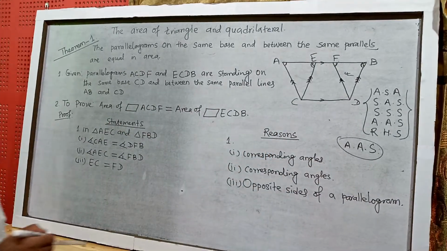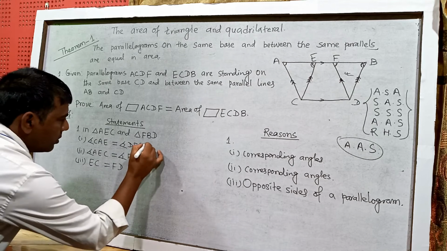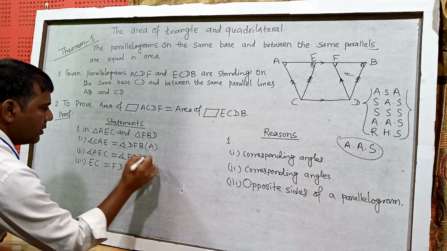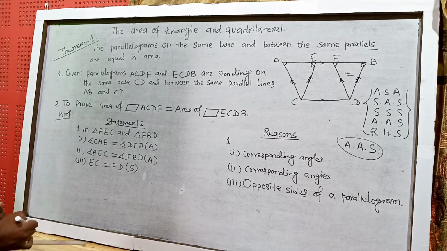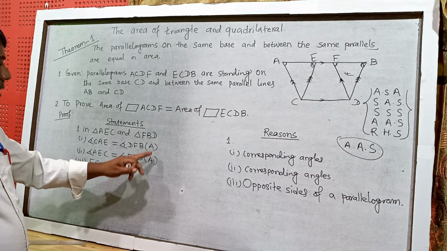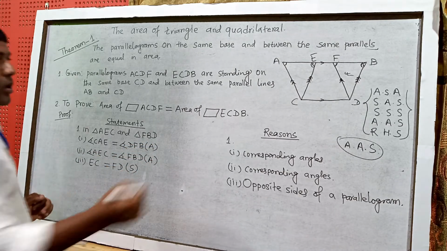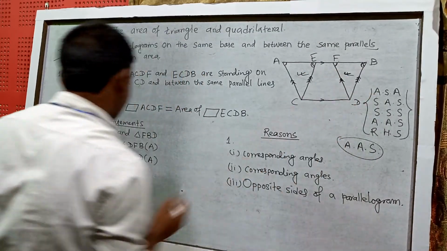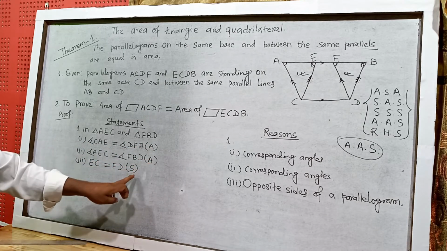They are the opposite sides of a parallelogram. Opposite sides of parallelograms are equal. Look, at first angles are equal, second angles are equal, and third sides are equal. So by the axiom angle, angle, side, these two triangles are congruent. We have shown these two triangles congruent by angle, angle, side axiom.